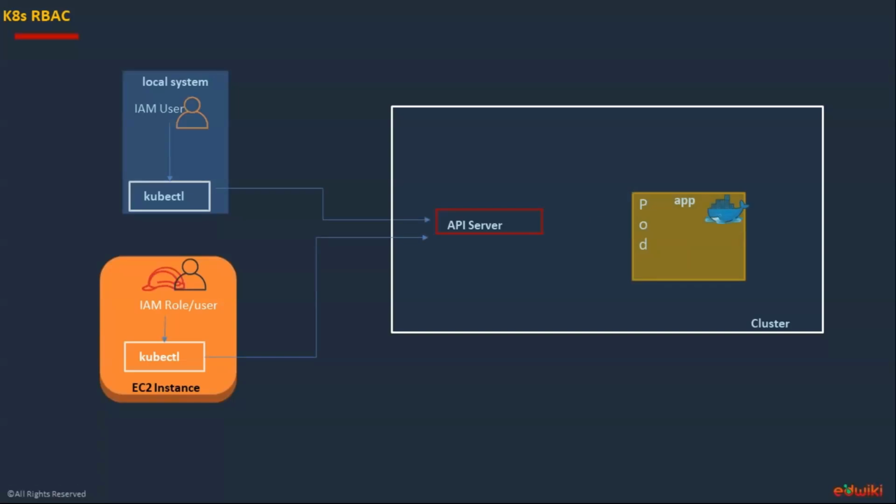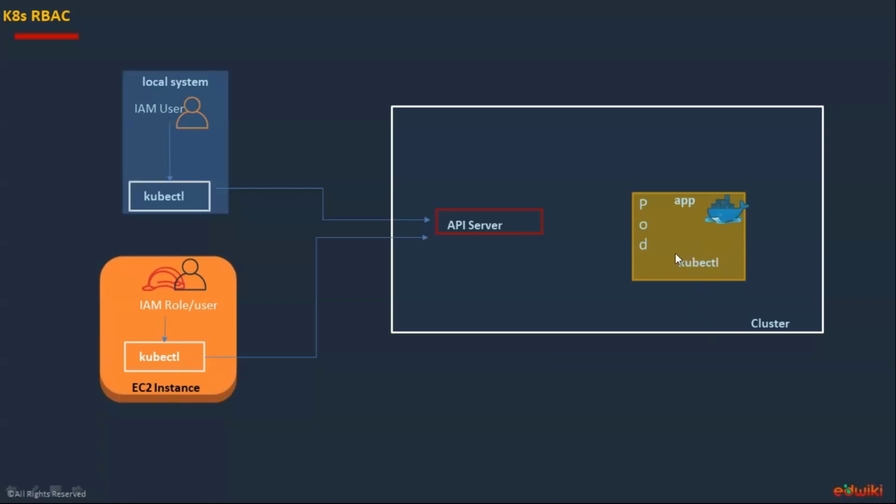Let's say I have an application that is running inside Kubernetes as a pod, right? Sometimes we may have a requirement to run the kubectl client inside a pod as well. Following me?